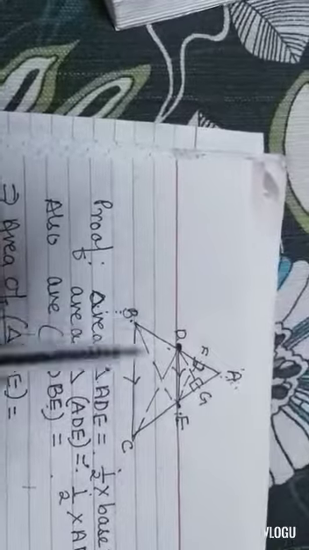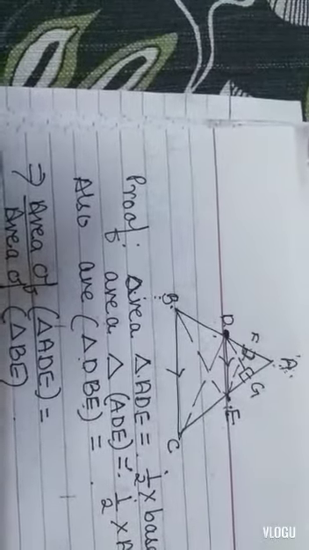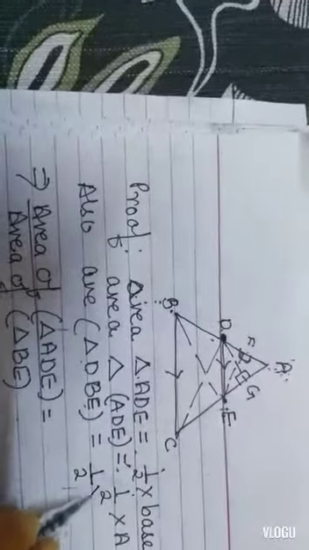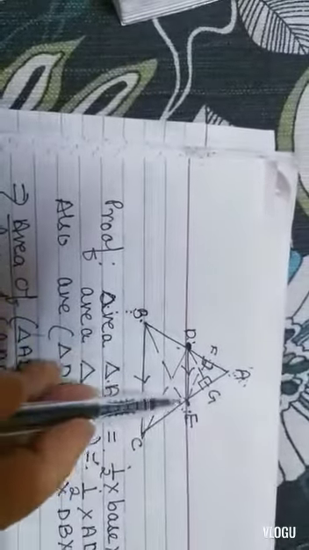The area of the triangle DBE again is half DB into EF. Because in these triangles the height will remain the same. First I am taking base as AD and then I am taking base as DB. So I am taking these two triangles ADE and BDE: half base into height, half base into height.